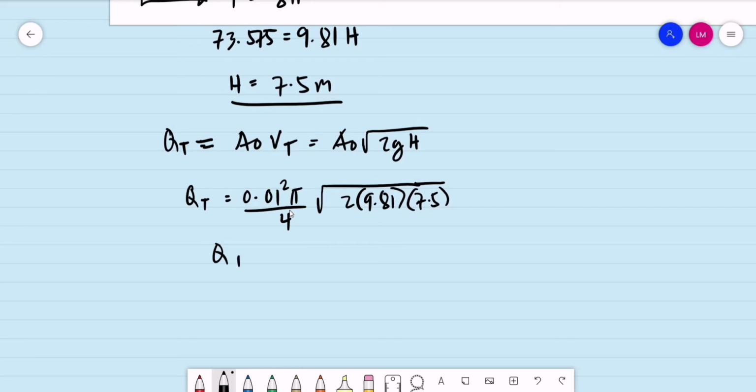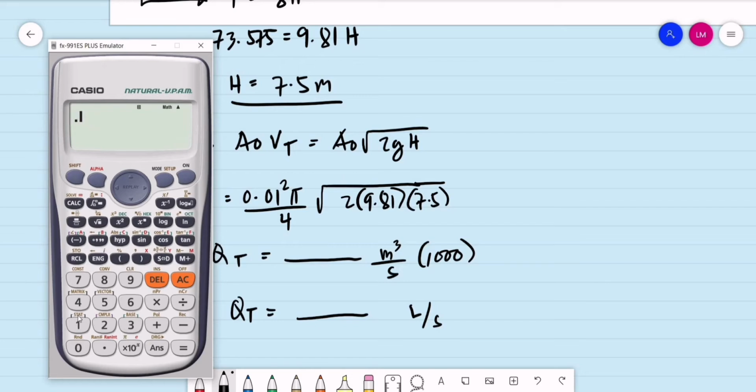Okay, kunin natin yung theoretical discharge. Again, this is in terms of the cubic meter per second multiplied by 1,000. Para yung theoretical discharge natin will be in terms of the liters per second. Okay, so this is 0.01 squared times pi divided by 4 multiplied by the square root of 2 times 9.81 multiplied by 7.5.